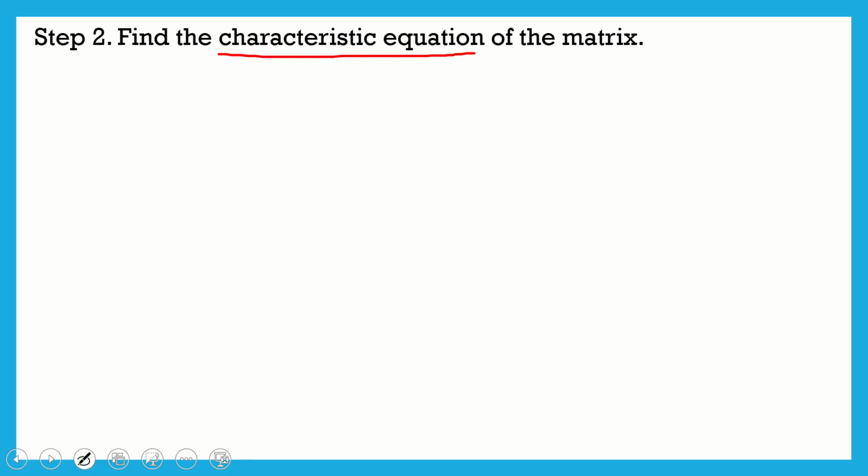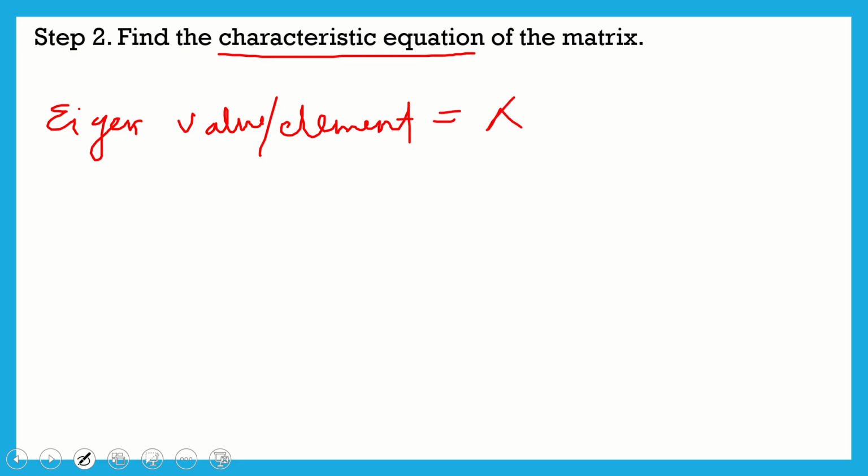Very simply I am explaining the concept of this characteristic equation. We have one eigen value, or we say element. We denote it as lambda.